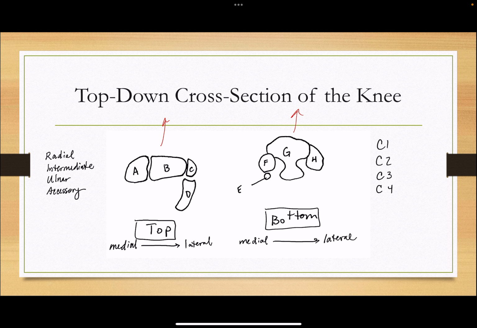Cool. So the top part of the carpus has mostly A, B, and C, making up the majority of that joint surface. It's not totally to scale here, but they are the larger bones.